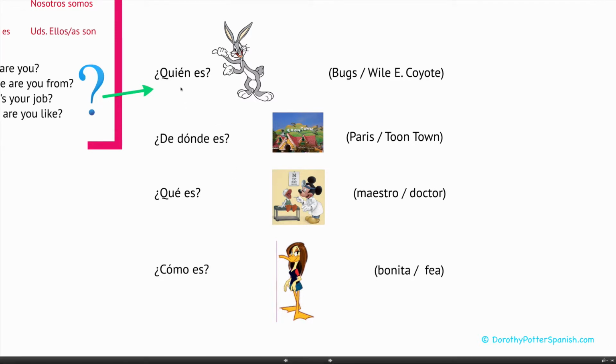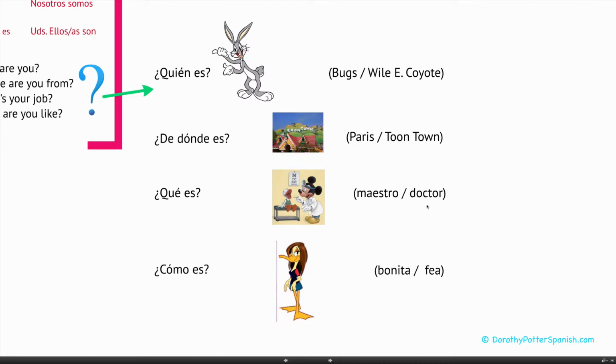Let's try. ¿Quién es? Es Bugs Bunny. ¿De dónde es él? Él es de Toontown. ¿Qué es Mickey?